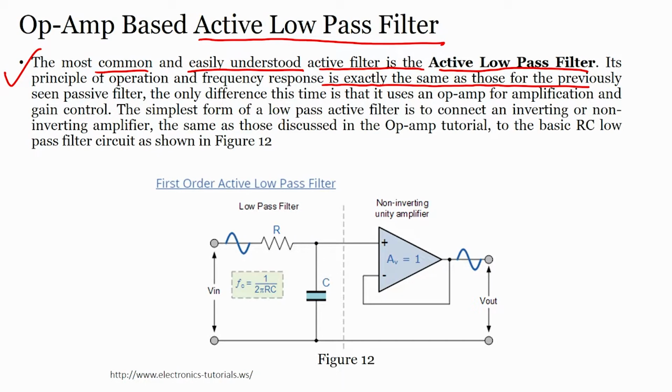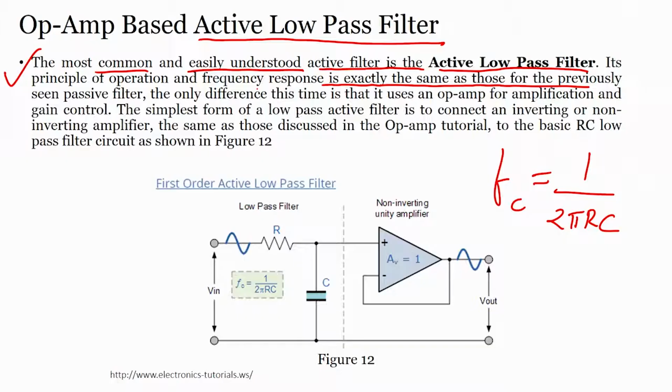So, if I want to derive the equation, the equation would be Fc equals 1 upon 2 pi RC. This is the cutoff frequency formula for the passive low pass filter. And if I want to further understand, its principle of operation and frequency response is exactly the same as those for the passive filter.